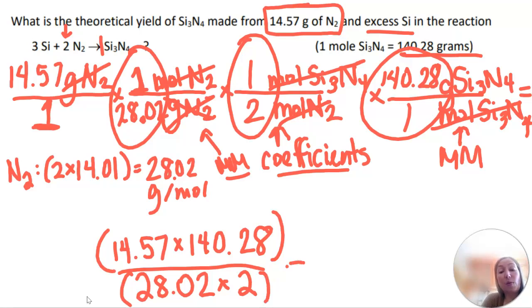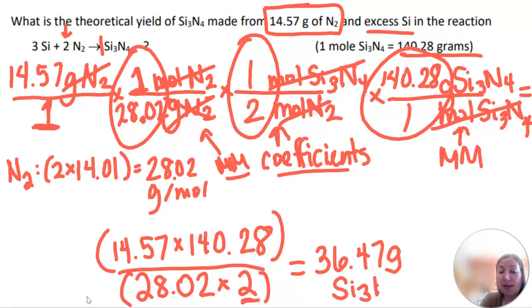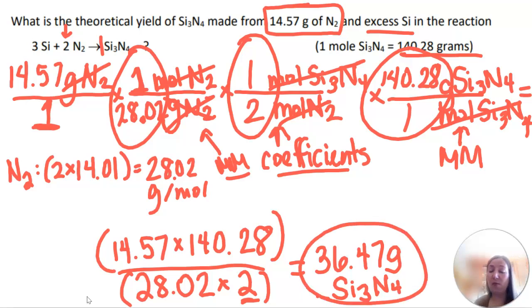Parentheses are really required around that denominator, to make sure the 2 ends up in the denominator. And calculate that. You should get 36.47 grams. I hope maybe you paused and got just that. And I'm hoping that you're feeling ready to do gram to gram calculations, including those that ask you for theoretical yield for upcoming problems.